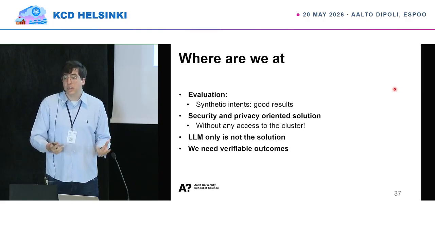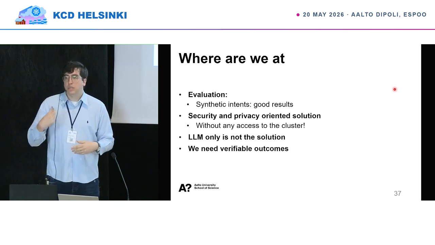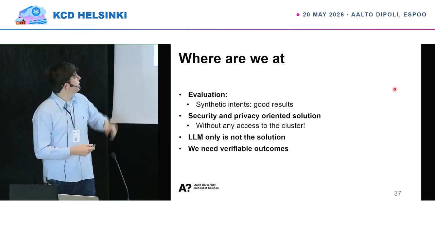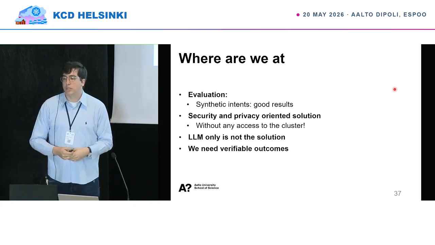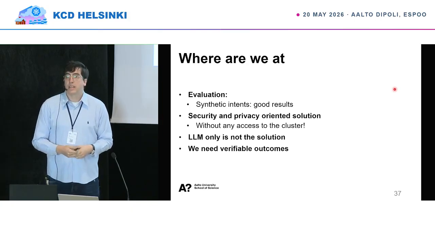It doesn't need labels to assign them. With this, we're showing that an LLM alone is not the solution, but you can inform the process and pipeline it in a better way. And again, we need verifiable outcomes. You need to know if the solution that you are applying is correct and is enough, and otherwise iterate over it.